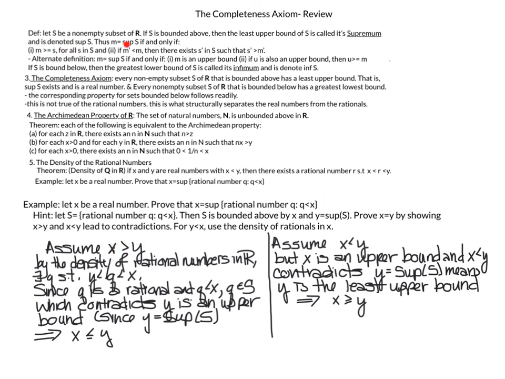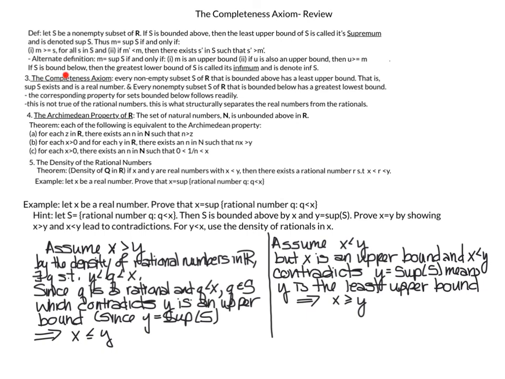So there's nothing in here that's going to contradict this definition. Also, looking at the alternate definition, m is the supremum if it's an upper bound, which y is. And then the next part, if u is also an upper bound, then u has to be greater than m. And x is also an upper bound, and x is greater than y. So there's nothing in the definition of supremum that's going to contradict x is greater than y.